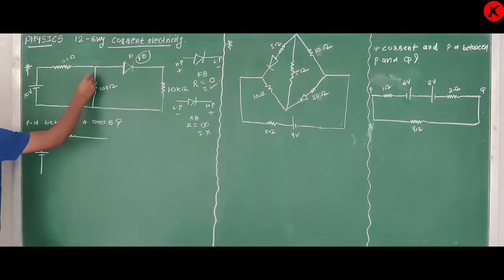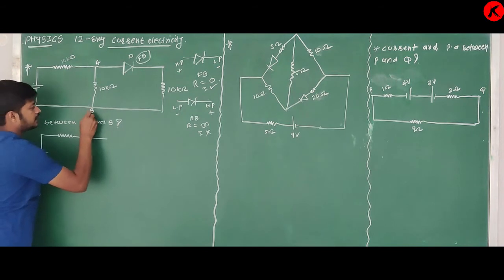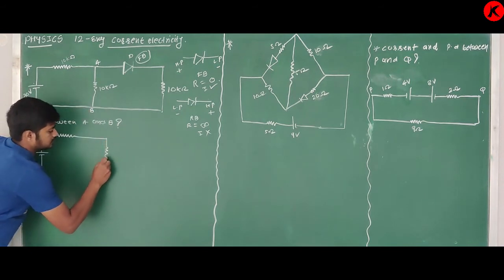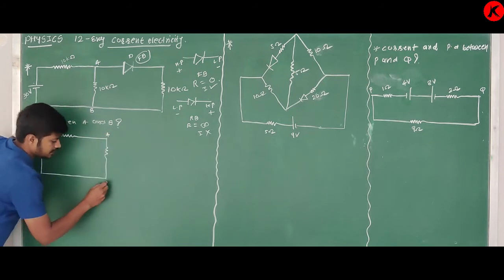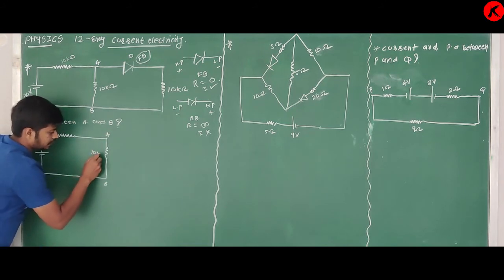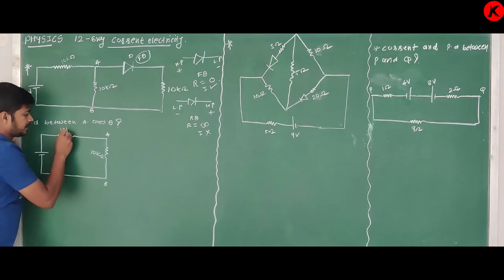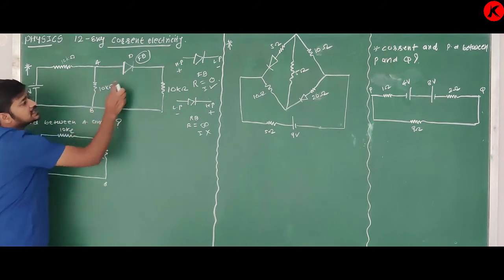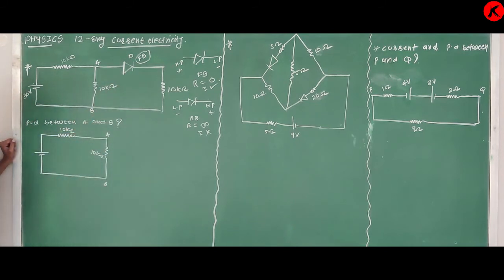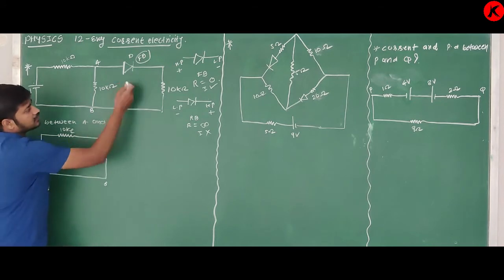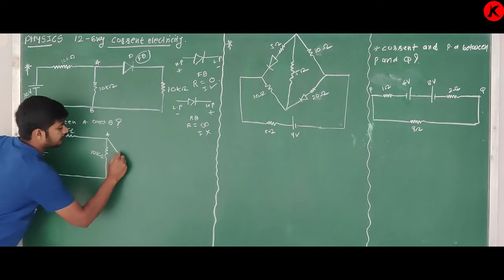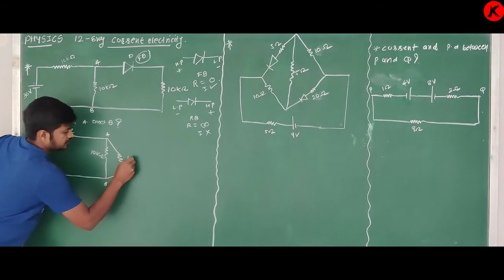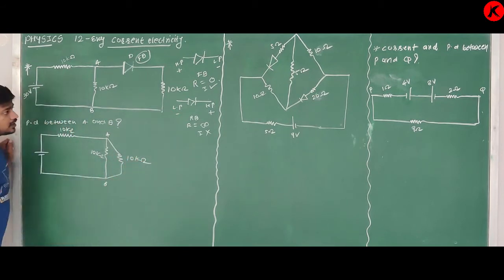Here it is D, here it is B, A, B. It is 10 kilo ohm, it is 10 kilo ohm, and as this diode is in forward bias condition, its resistance is 0. You can draw it as a straight conductor. So you can draw the figure like this. It is another resistance of 10 kilo ohm.